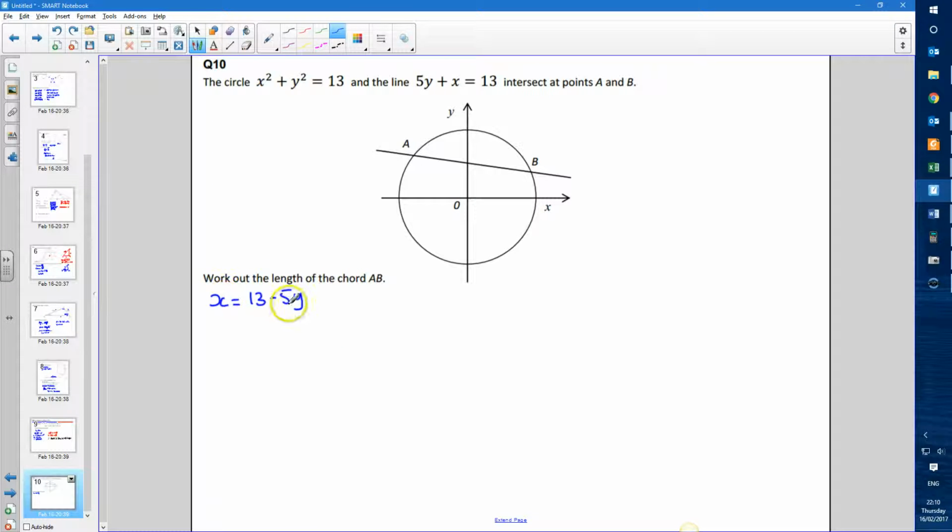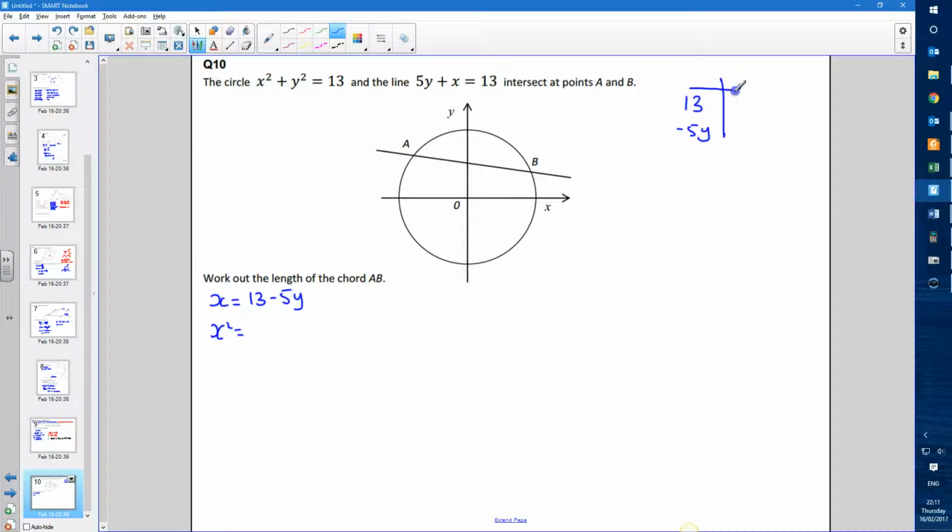So I now want to sub this into this equation here, and then I'll only have one unknown, y, and I should be able to solve it. Before I sub it, because I know I'm going to need to square it, I'm going to work out what x squared is first. If x is equal to 13 take away 5y, then x squared is equal to 13 take away 5y, all squared. I'm just going to do this over here in a little grid.